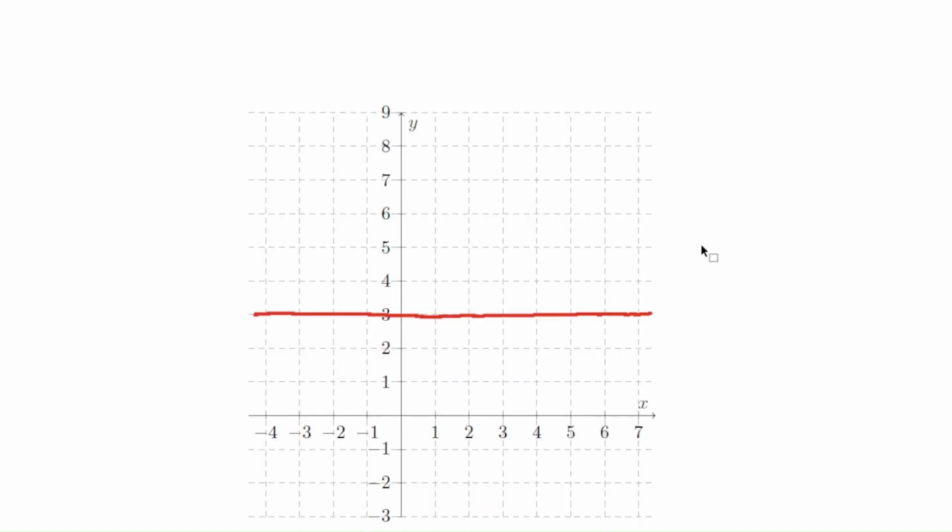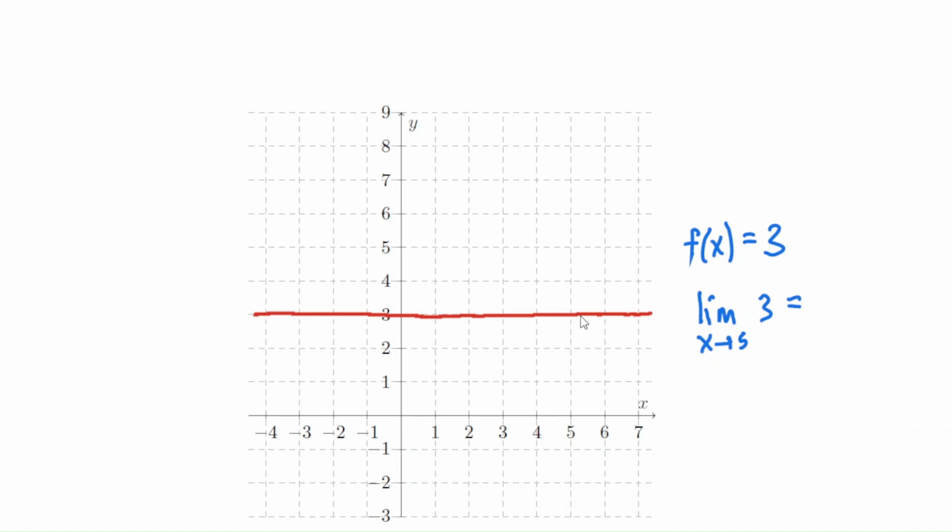So for example, I have the function f of x equals 3 right here. This is the function f of x equals 3 or y equals 3. Notice that it's just a horizontal line. And we could ask a question. So for example, we could ask, what's the limit as x approaches 5 of 3? Of this function 3. Well, notice if we plug in a number that's close to 5, let's say like 4.9 or 5.01, our output's just going to be 3.